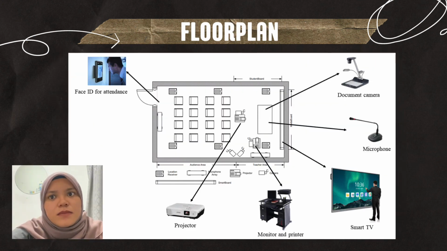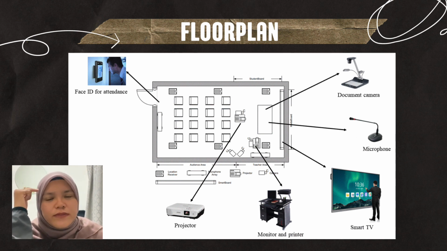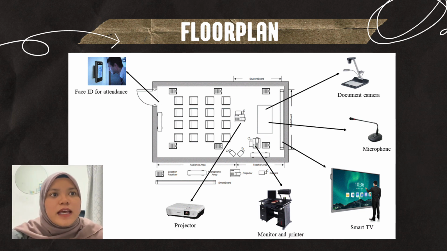The next slide is about our floor plan, where there are six components that we are going to implement. The first is Face ID, which we are going to use for attendance. After that we have a document camera and microphone, so that if the lecturer has any document to scan and show to the students, the lecturer can use this component.